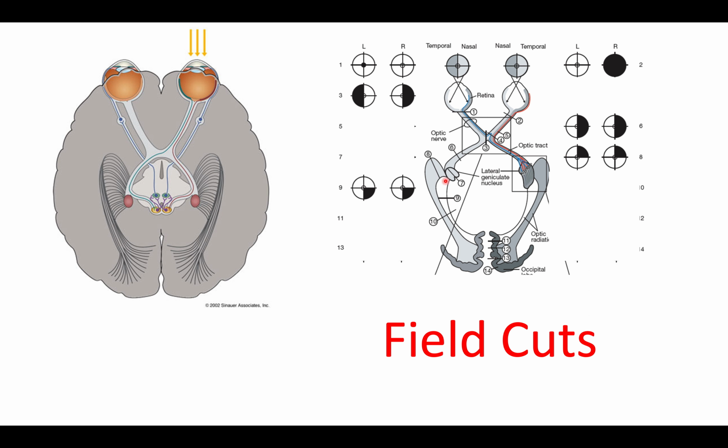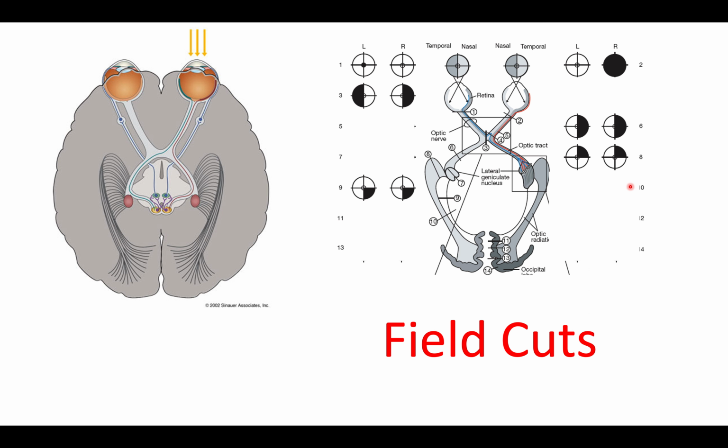And then in the eighth one, which is here in the optic radiation, it is cut in the upper quadrant, so we call it right homonymous superior quadrantanopia.